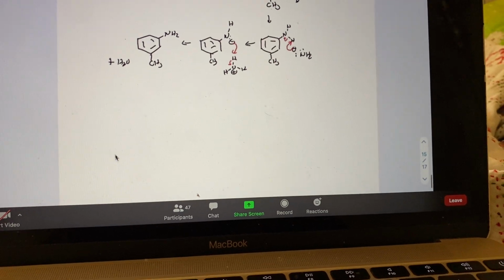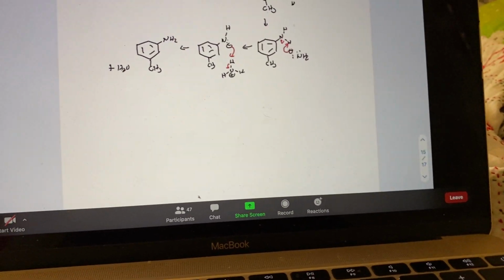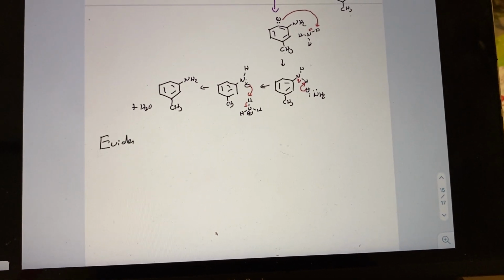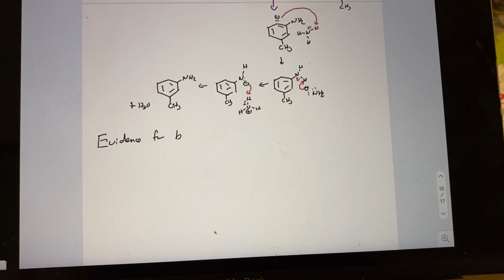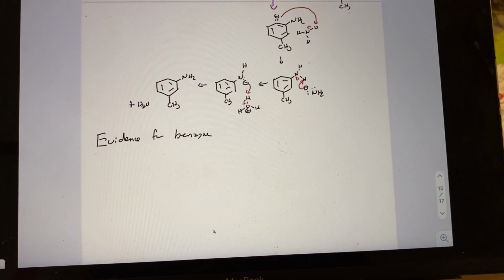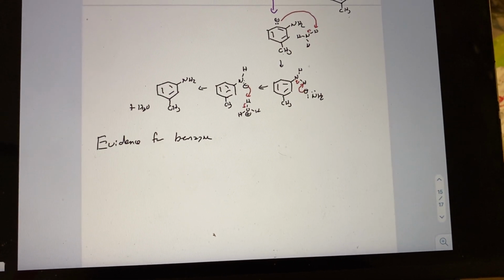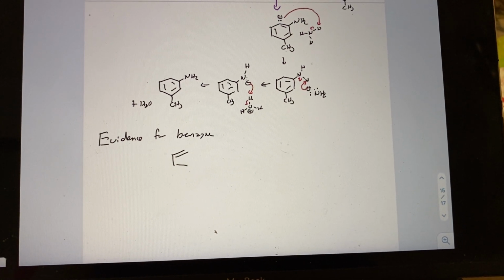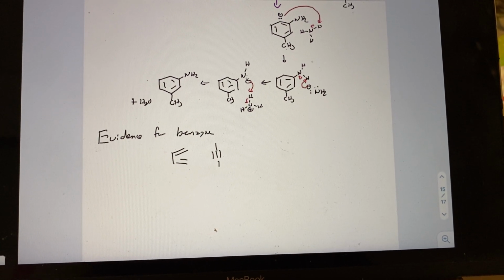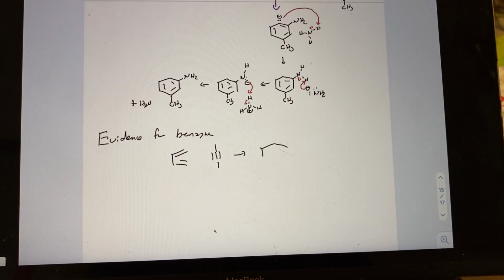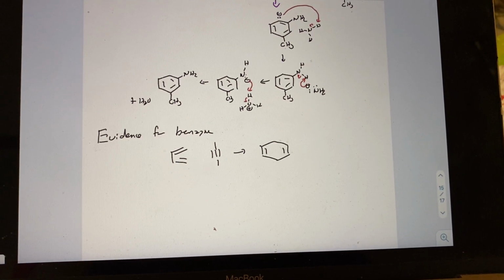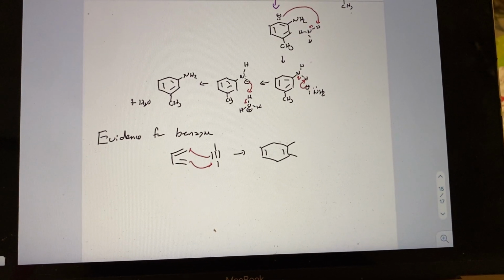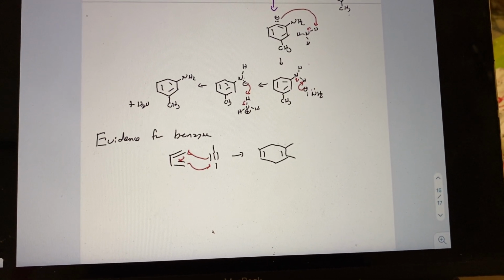So while we're at it here, there's great evidence for this mechanism. So evidence for the benzyne intermediate is because remember with the Diels-Alder reaction, you could have your diene and an alkyne, for example, and you'd end up forming something like this in our pericyclic reaction.